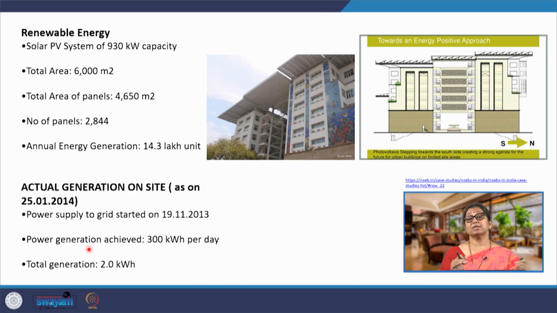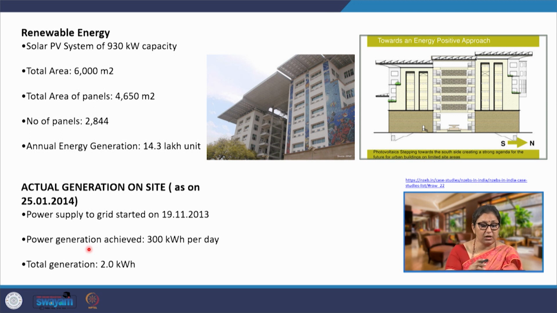Once the energy consumption was reduced from the conventional building consumption by 70%, which is a very huge reduction, the required energy is now being offset by producing renewable energy through this roof shade that has been provided.